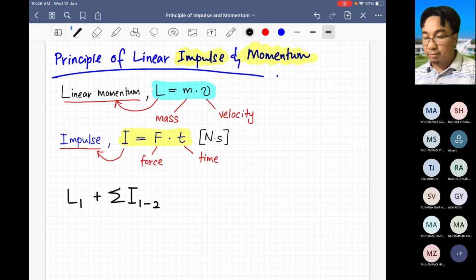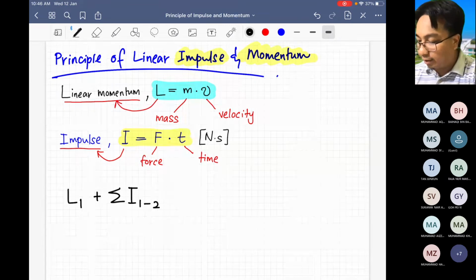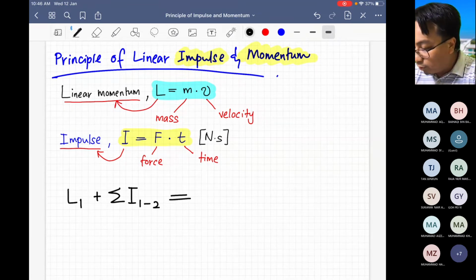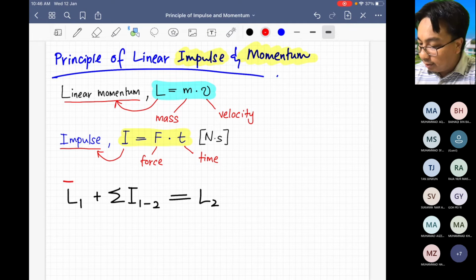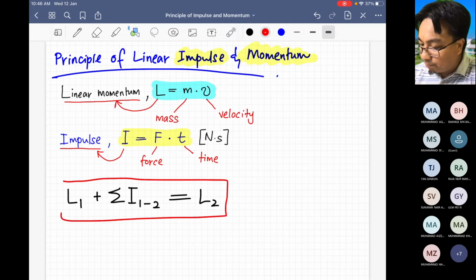Now it is no longer position but it is about time. We will see later. It is equal to L2, which is the linear momentum at time number 2.